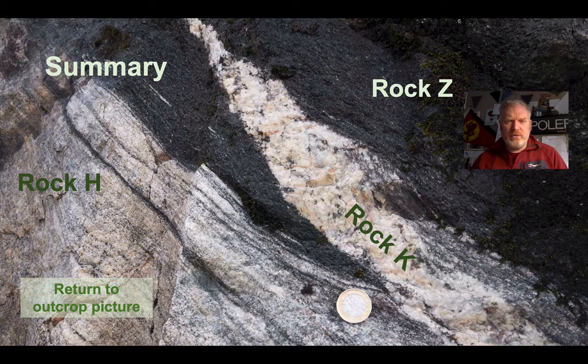Again, we've got a pound coin for scale, but we can see the banding clearly in rock H there. You can see the sharp boundary between H and rock Z. There's also a very sharp boundary between rock Z and rock K. And if you notice, just down the bottom right hand corner there, we can see rock K and rock H coming into contact.